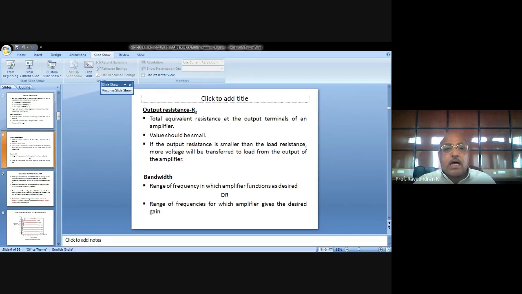And that is ensured with R1 and R2. The name voltage divider came from the voltage divider circuit formed by resistances R1 and R2. That is why this circuit is called voltage divider, because the forward biasing of the base emitter junction is ensured by the voltage drop across the resistance R2.